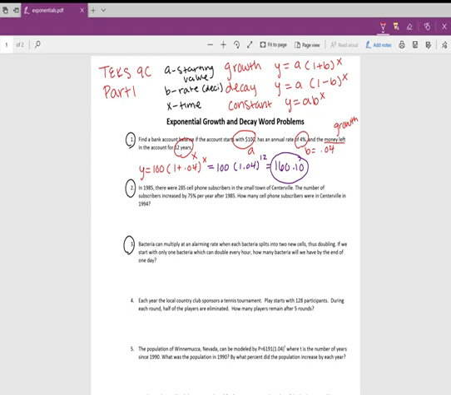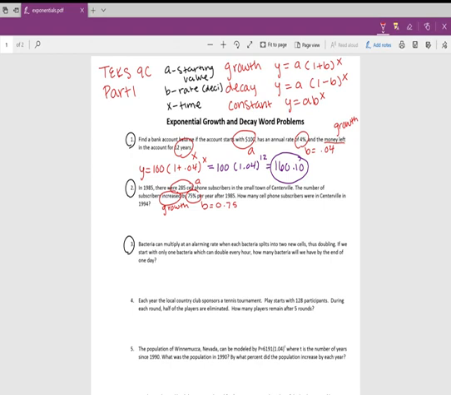It says in 1985 there were 285 cell phones, so that's our starting value, that's A. And then it says the number increased, so that tells us it's a growth, by 75%. So that's our B value, but we need to turn 75% into a decimal, so it's going to be 0.75, 2 decimal places to the left.